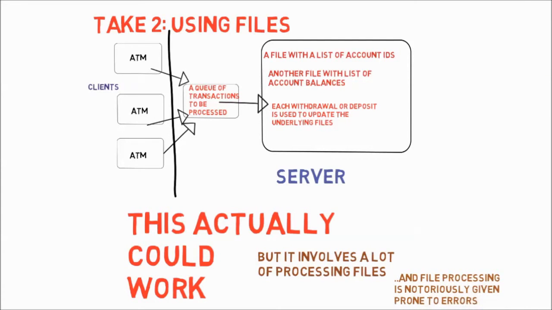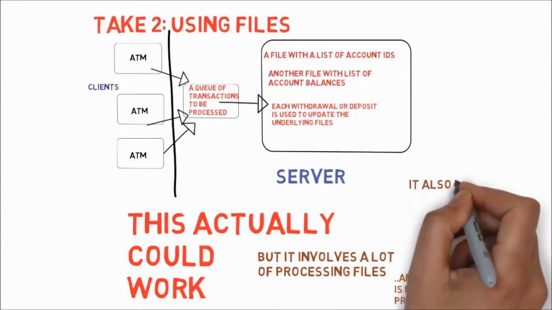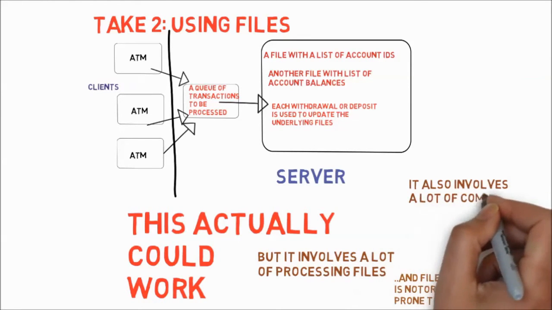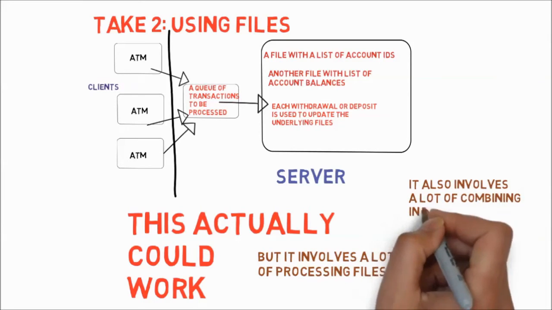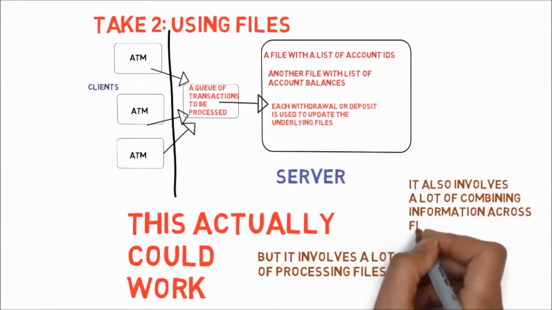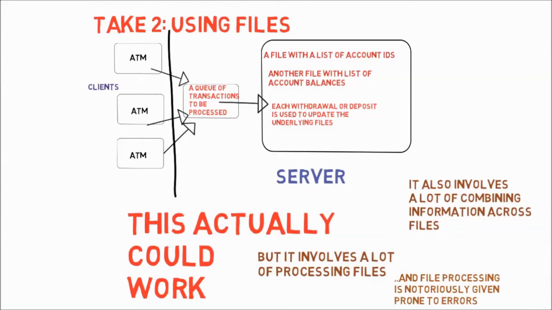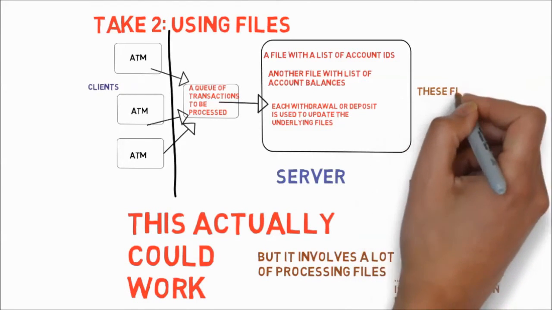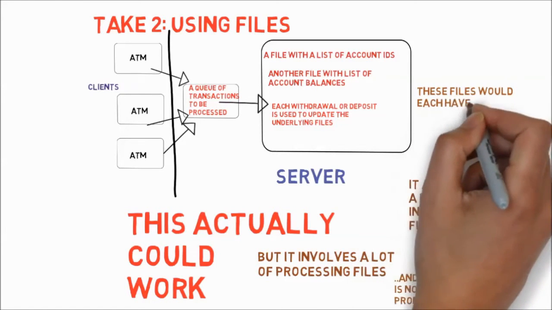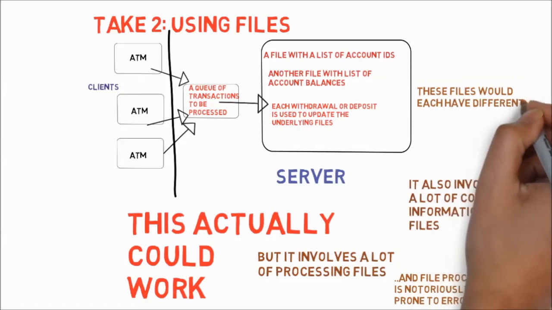Your reads or writes might fail, and this might happen quite often. It might also involve combining data across a lot of files, and in that case, making sure that the format, the header, and the separator delimiter between all of these files, making sure that the columns are all the same, would be a humongous task.